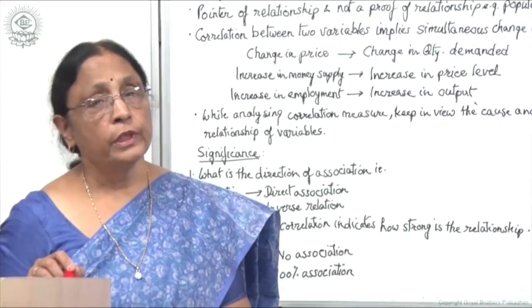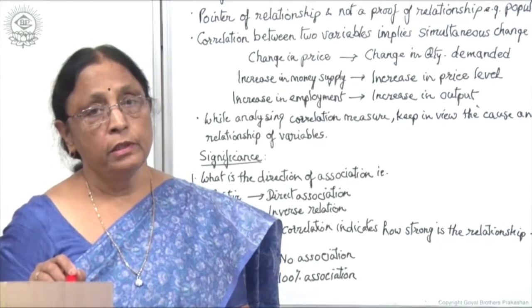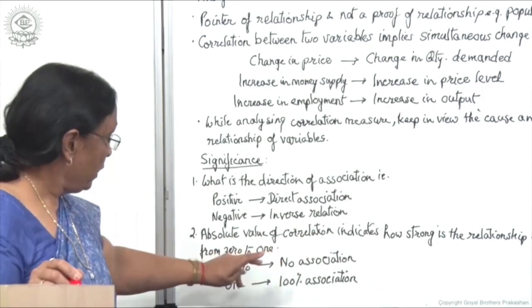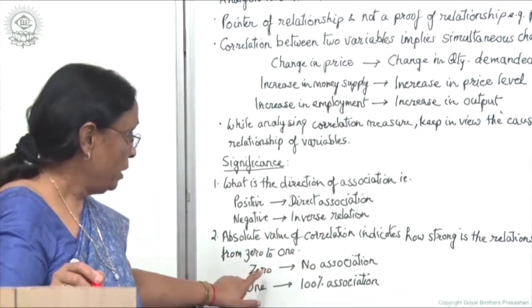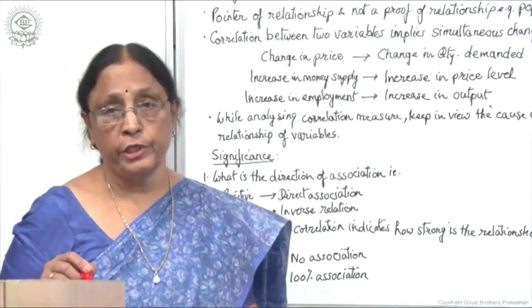Right? So the strength of association can be calculated on the basis of the numerical value, and the absolute value indicates how strong the relationship is. 0 means no association and 1 means 100% association.